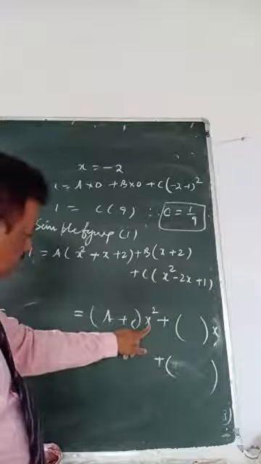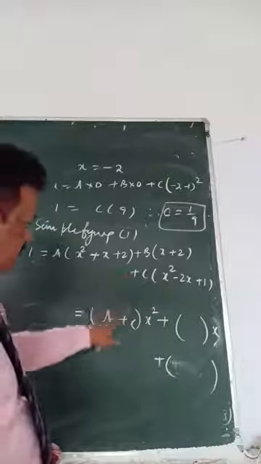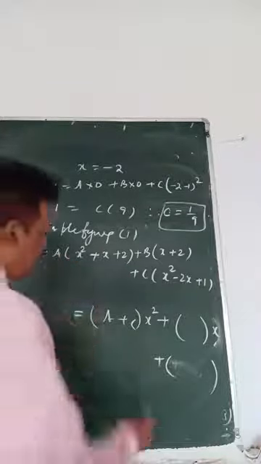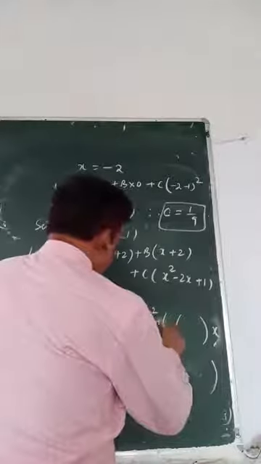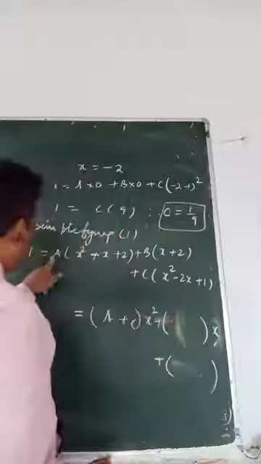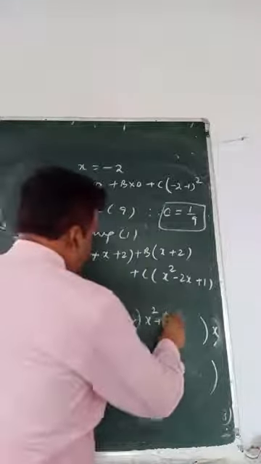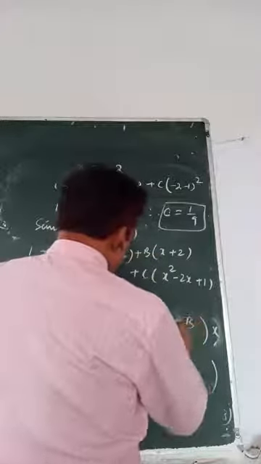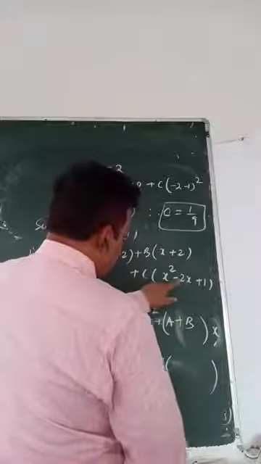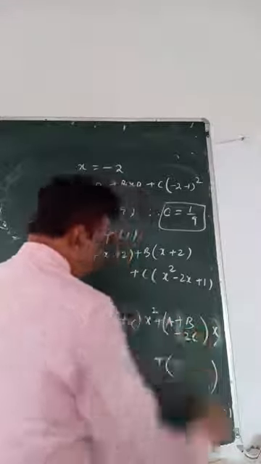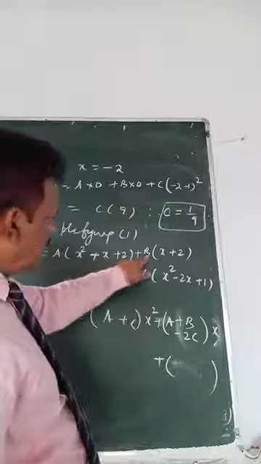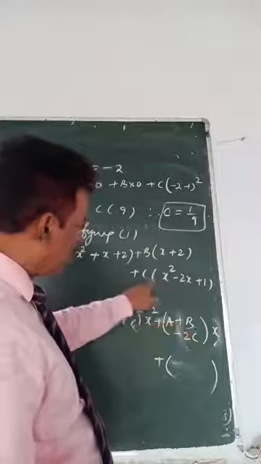So if you take x square common, a plus c. Now when you take x common, this will be a, this will be b, this will be minus 2c. A plus b minus 2c, because you are taking x common.